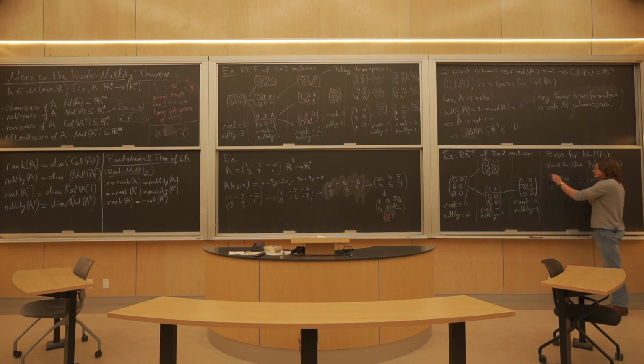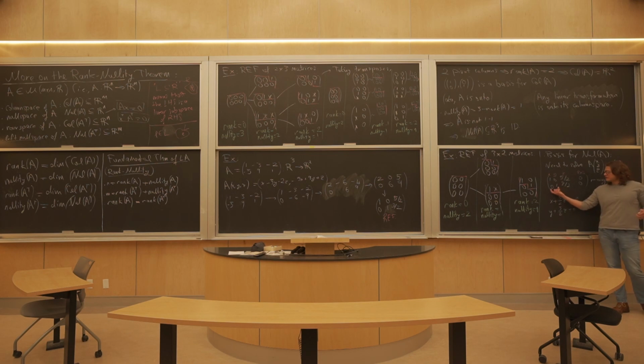Recall that this is x, this is y, this is z, this is the right-hand side. The first row says 1 times x plus 0 times y plus 5 over 2 times z equals 0. The second row says y plus 3 over 2 z equals 0. And it doesn't tell me anything about z.